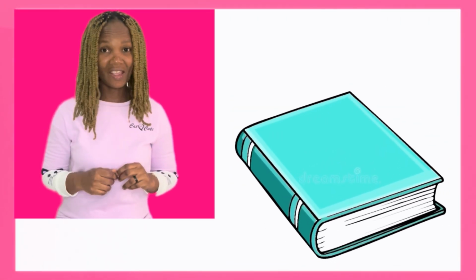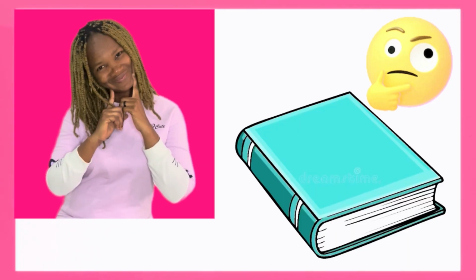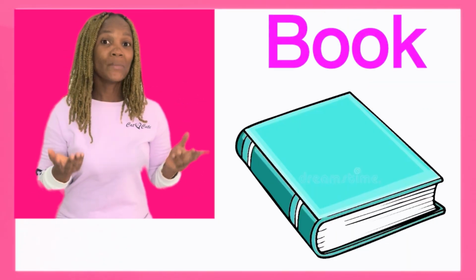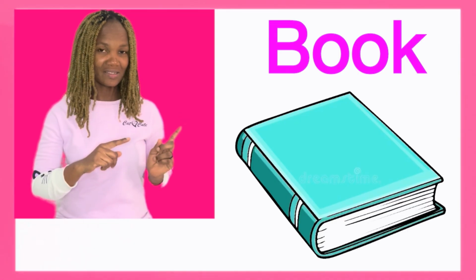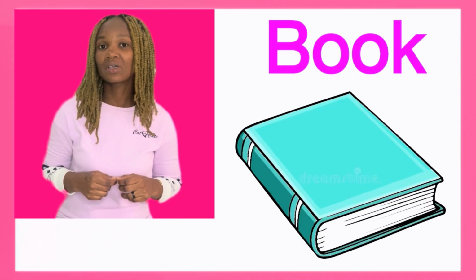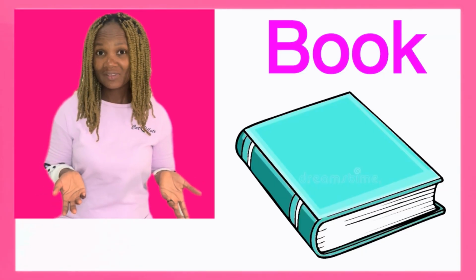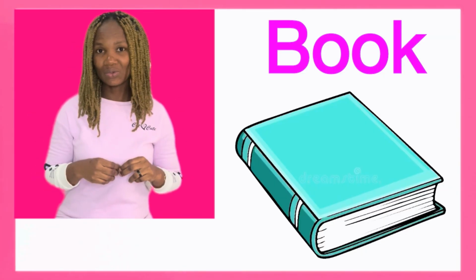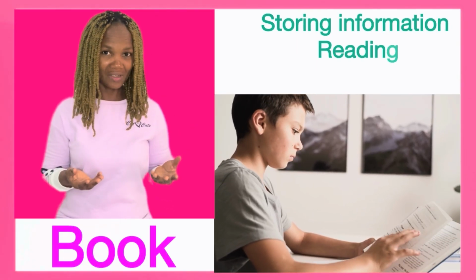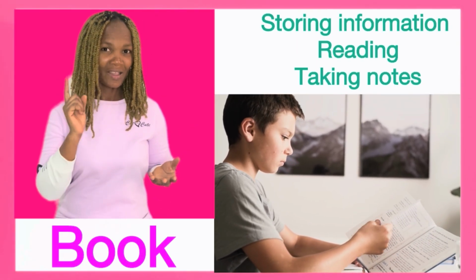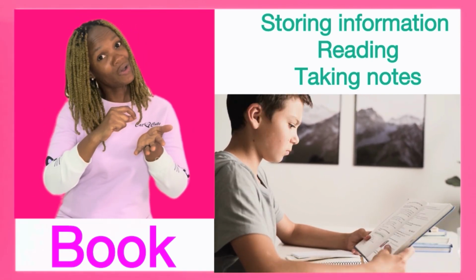Can you guess the name of our next object? Book. This is a book. What do we use books for? A book is used for storing of information. It is used for taking of notes.